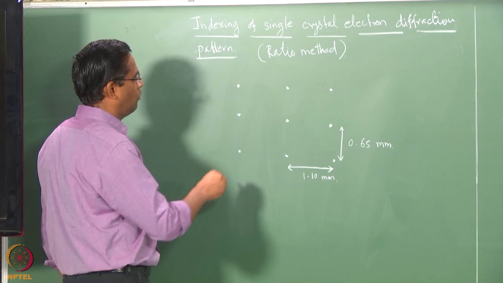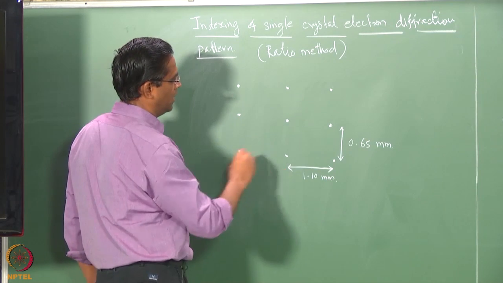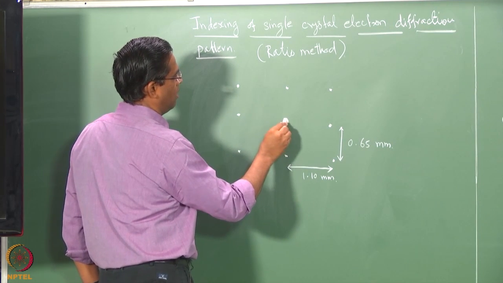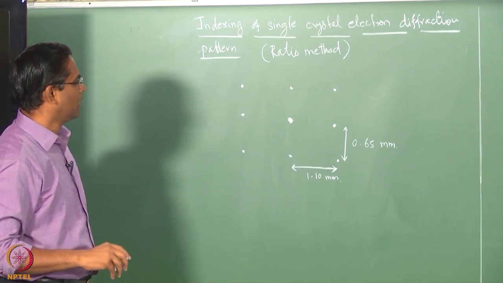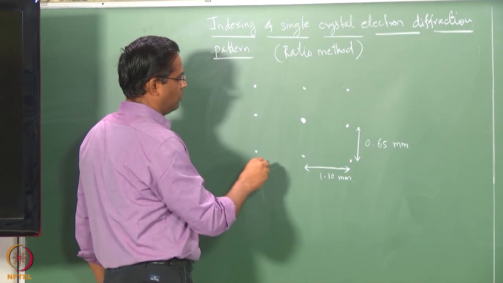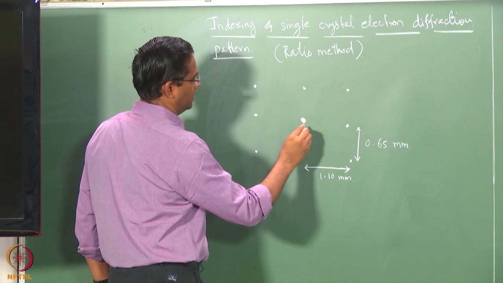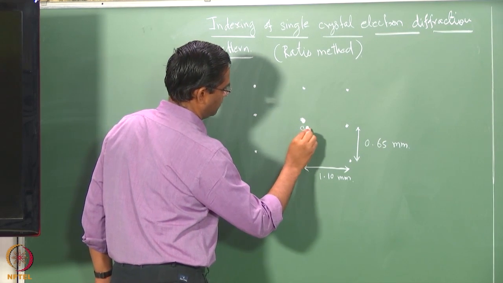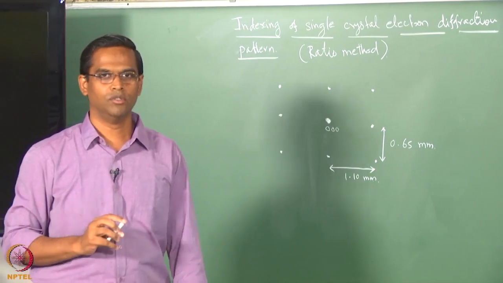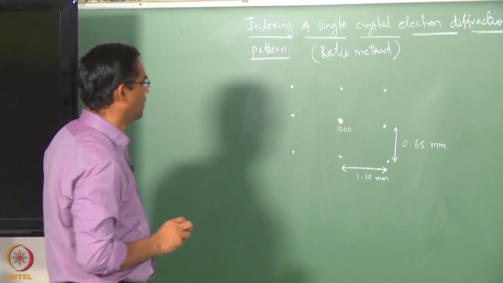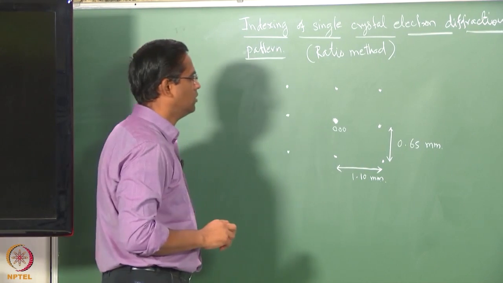So, when you look at a pattern like this in a film or from the digital recording media, you always see that the center spot is a transmitted beam, it is indexed as 0, 0, 0. Okay. So, from there how to proceed?